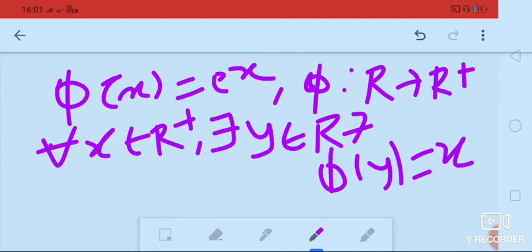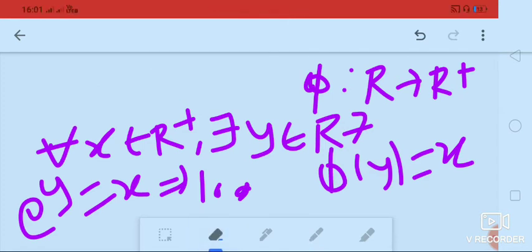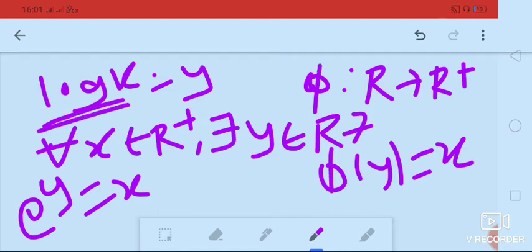Here pi of y is e power y is equal to x. From this, taking log, y is equal to log x.